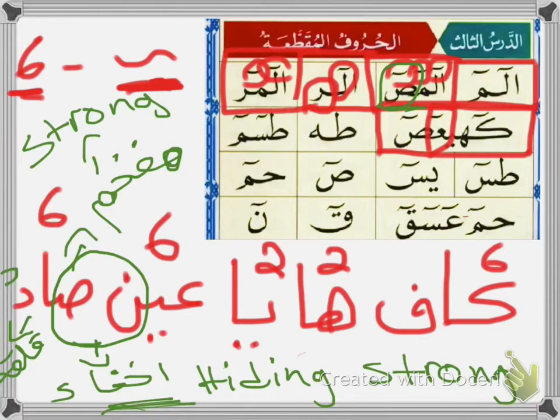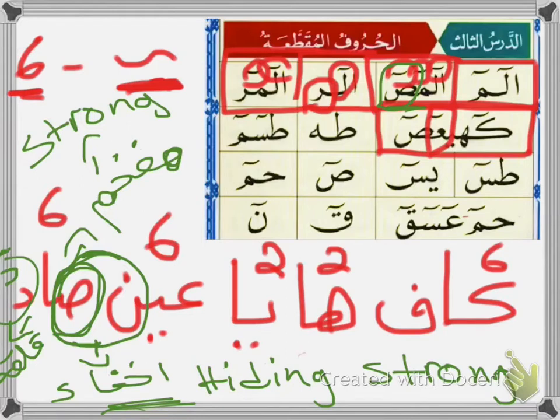So let's go from the beginning and read it. We're not going to forget there's an إخفاء here, and a قلقلة over here. كاف ها يا عين صاد. We're not going to forget to say the صاد مفخمة, the صا.